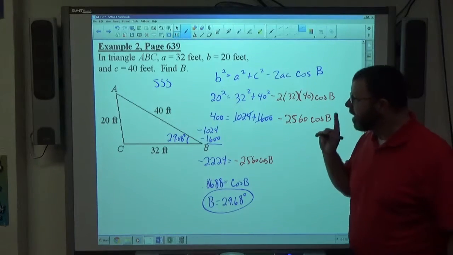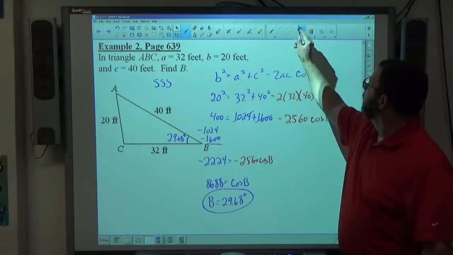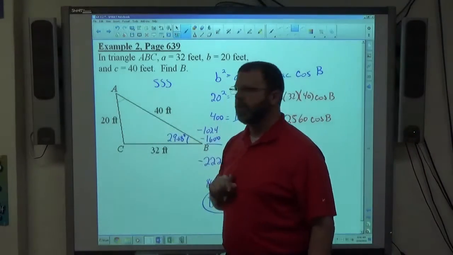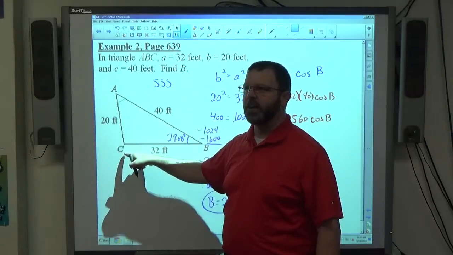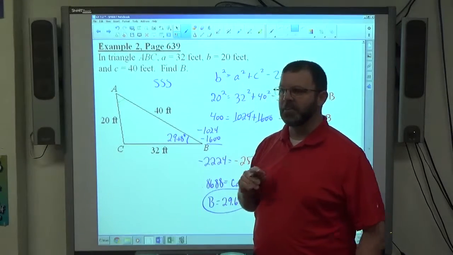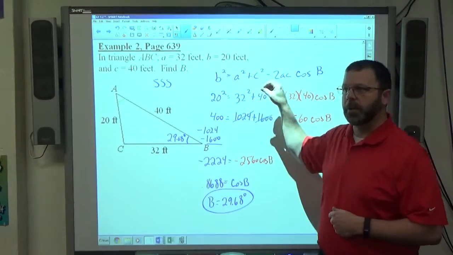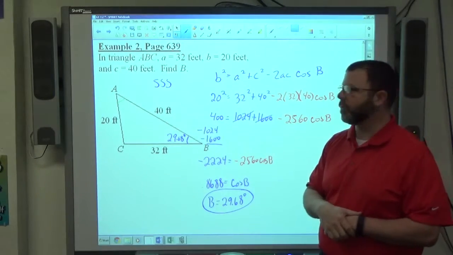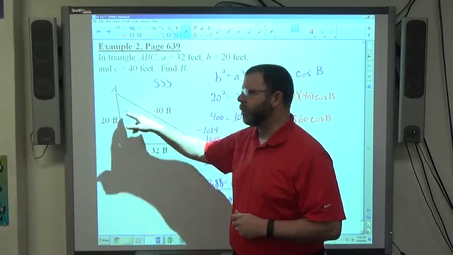So if you did this and you got B, but you're supposed to find A and C also, next find A with the law of sines, or find C with the law of cosines. You can do that if you felt like it. Law of sines is much easier. It's a much simpler structure. Not that this is terribly difficult, but it's easier. If I did the law of sines to find A, that'll be another acute angle.